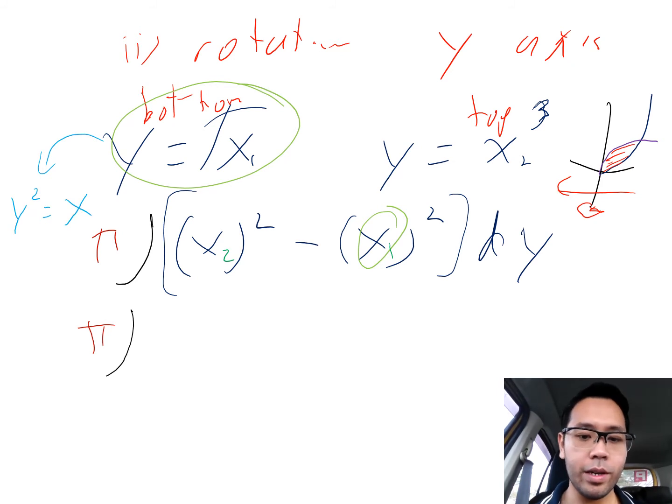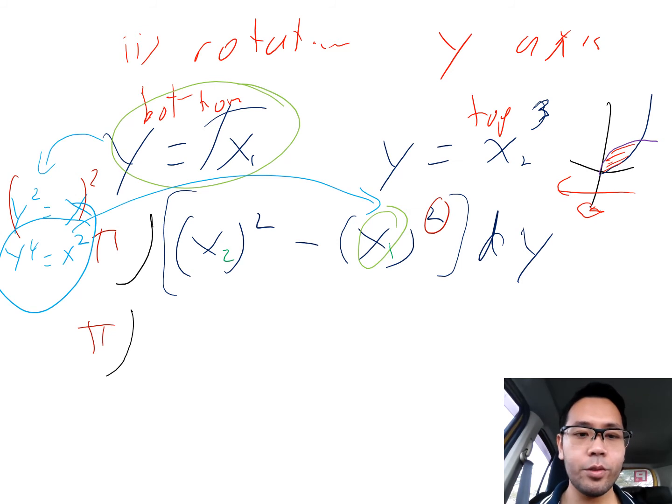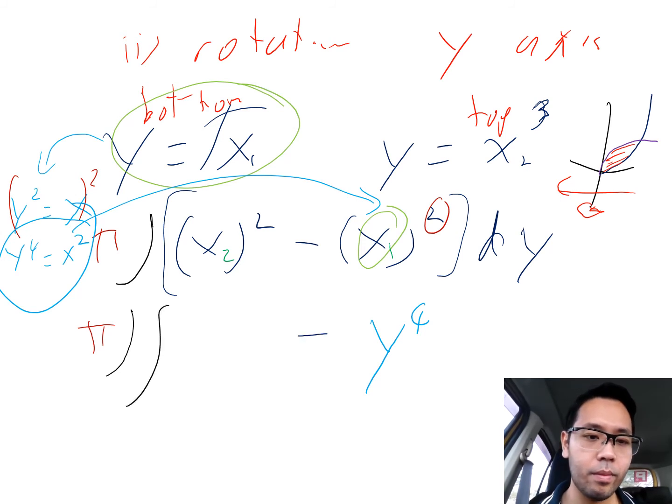And then there's a square, so I get y^4 equals x squared. Now only I can substitute inside here. So I get y^4 here. Are you guys okay? So here's dy.